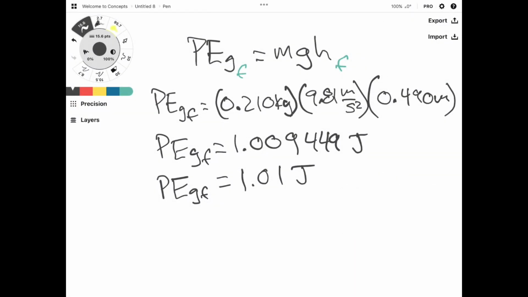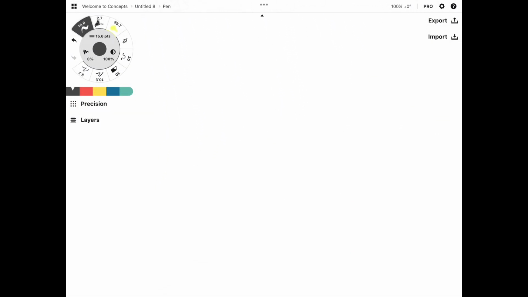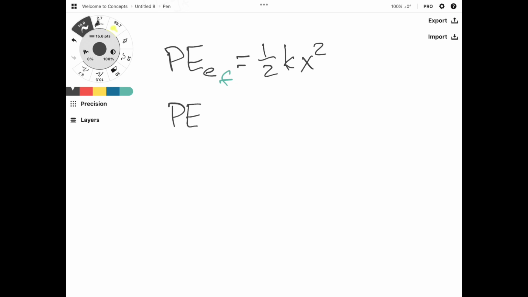All right, so the elastic potential energy, elastic final, is going to equal 1/2 kx squared. We know that the K value is 8.9047 newtons over meters.